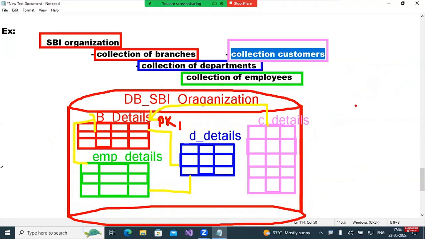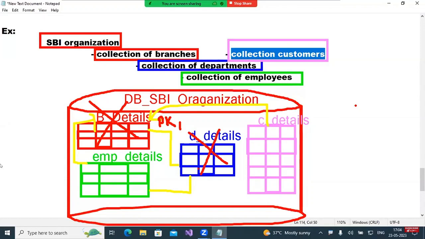Fine. Suppose my question is, if there is no branch, tell me, do you have departments? Do you have employees? Do you have customers? No. So that means these all depend on branches. Same as, if you don't have departments, do you have employees?